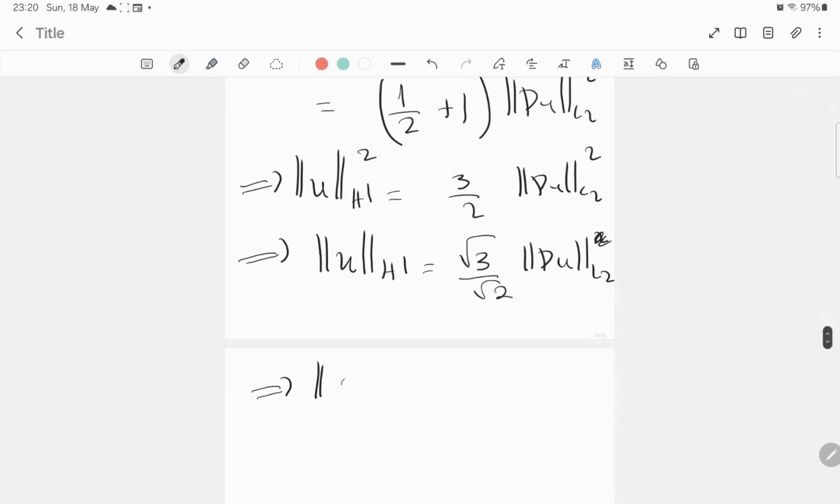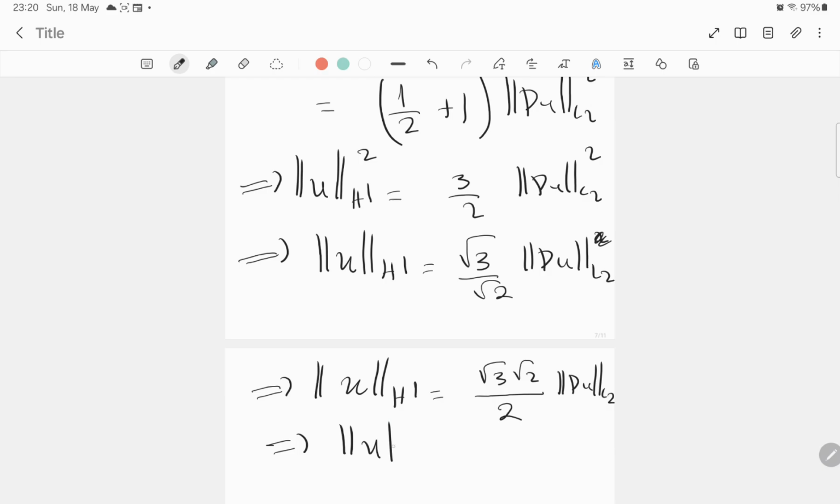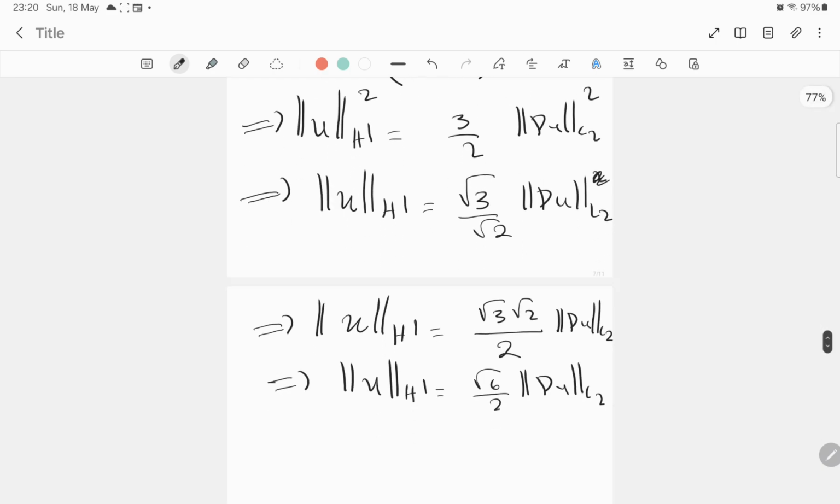And if I polish this a little bit, I have the norm of u in H1 equals square root of 3 times square root of 2 over 2 times grad of u in L2, and that is going to give me the norm of u in H1 equals square root of 6 over 2 times grad u in L2. And so the H1 norm is a constant times the norm of the variation in L2.